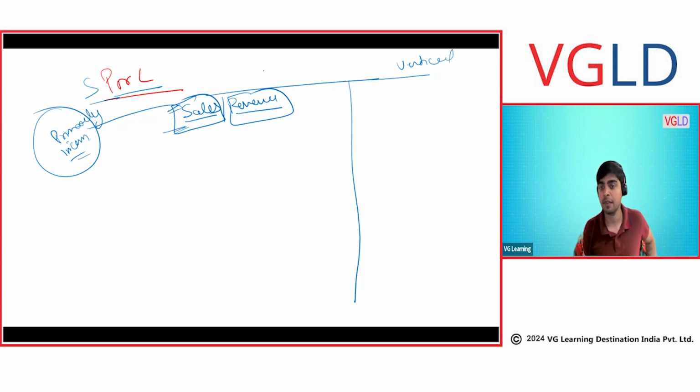This is sales. Second, if I'm making a sale, I must have purchased the inventory, or must have produced it. So this is basically purchase, and for production, we say cost of goods.